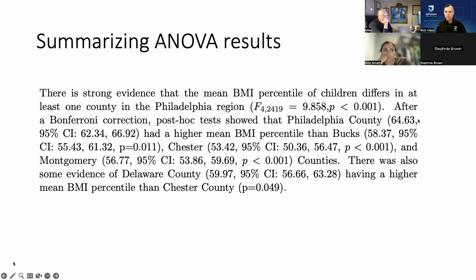We just report the significant differences, the low p-values. So when you're reading about post hoc tests or writing one up, if you leave out a group comparison, notice we don't say anything about Bucks versus Chester County, implicitly, by leaving that out, we're saying those two groups didn't differ.